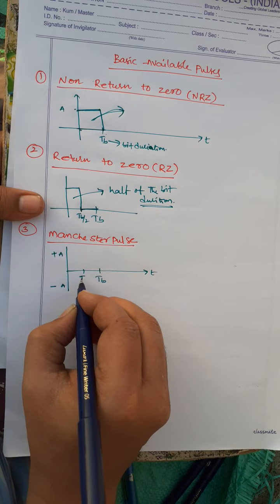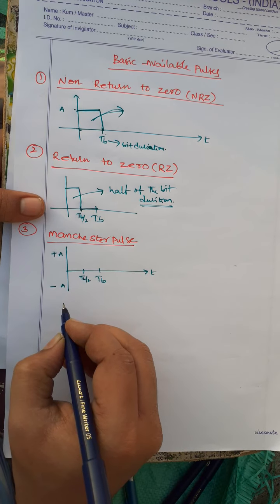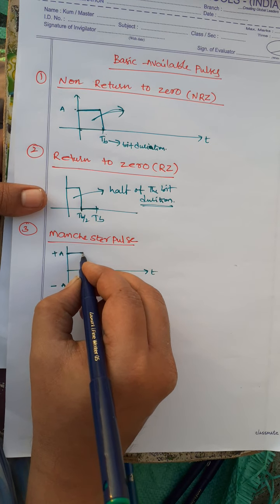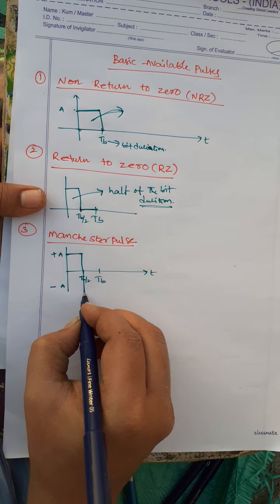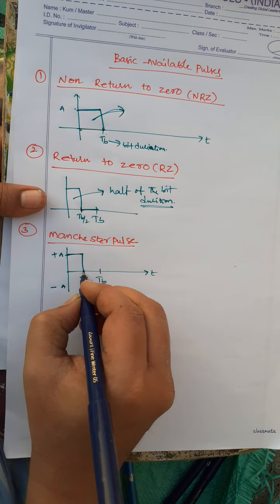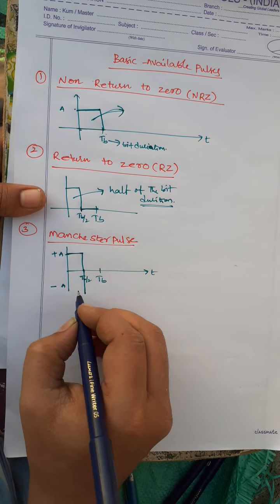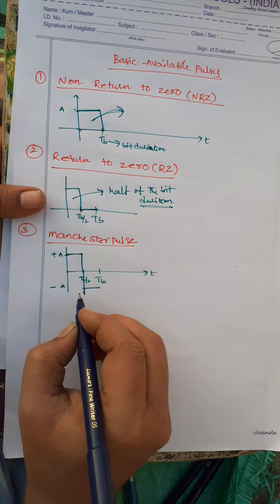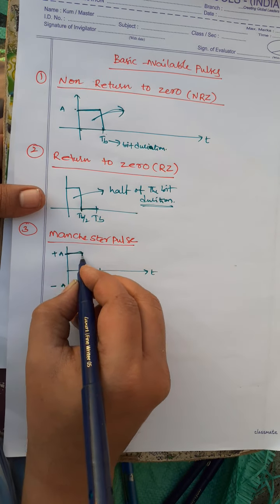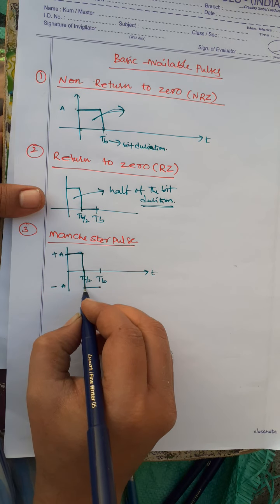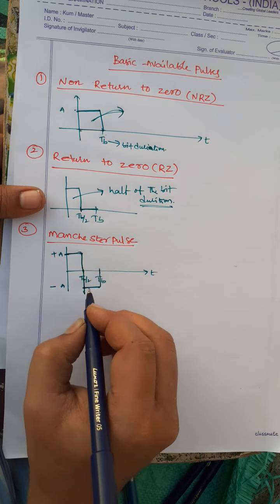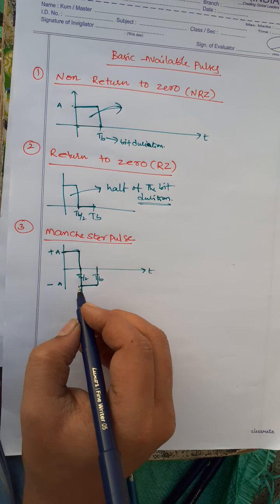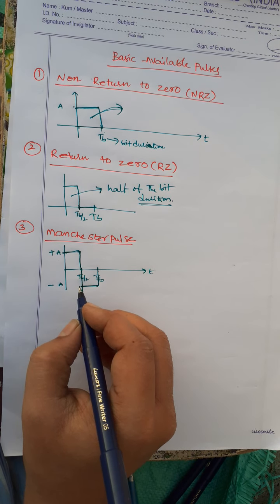Half the duration is called TB by 2. The first half bit duration will be high, and the next half bit duration will be low. This type of pulse is called a Manchester pulse.